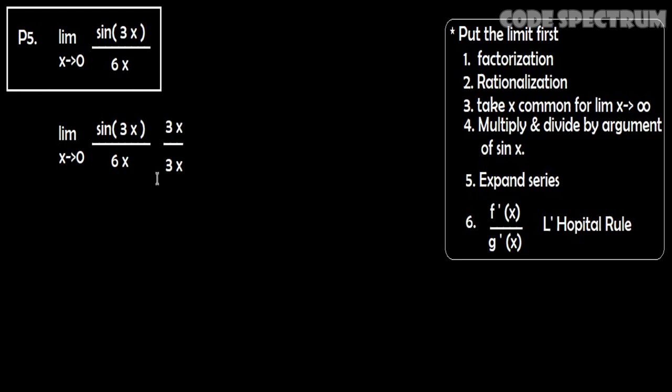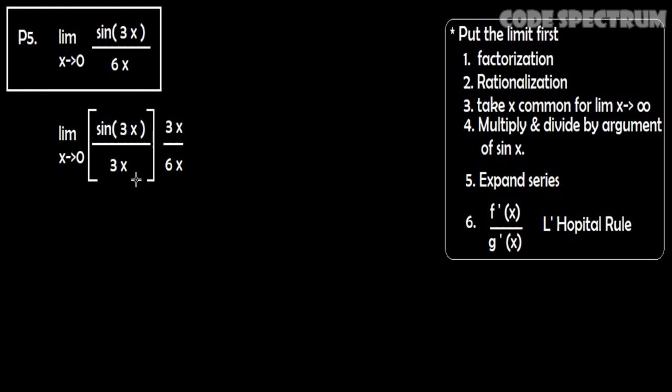Now what you will do is take this 3x and place it in the denominator of sine 3x like this. And if you see here, limit x tends to 0, sine 3x divided by 3x will become 1.